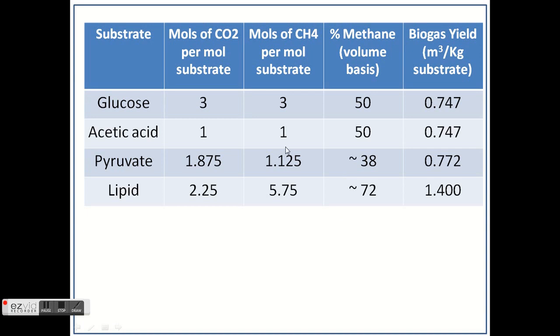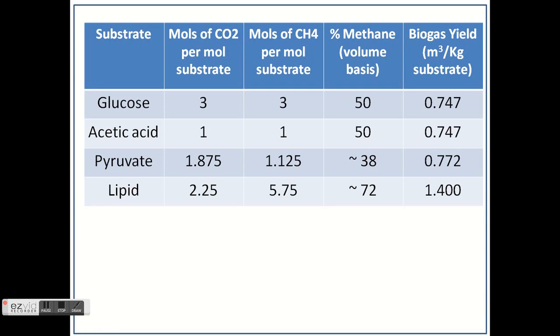So here I have a table comparing them briefly. These are the substrates. 1 mole of the substrate will produce these moles of CO2, these moles of methane, and we have the volumetric fraction of methane in the biogas. So glucose and acetic acid will give us 50% methane in the biogas, pyruvate will give us 38%, and lipids will give us 72%.